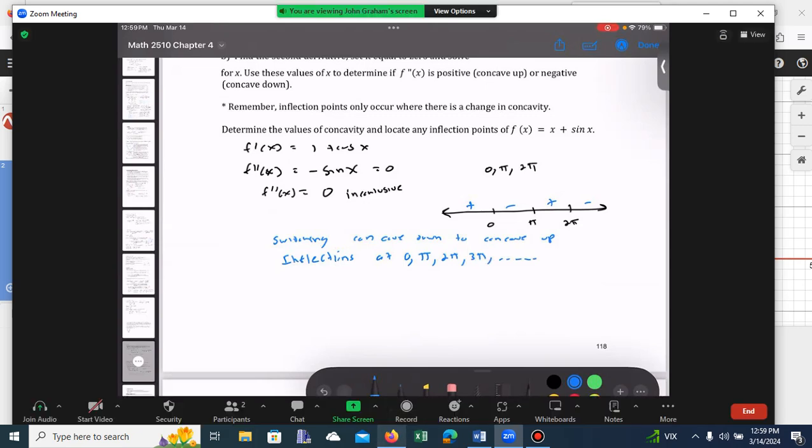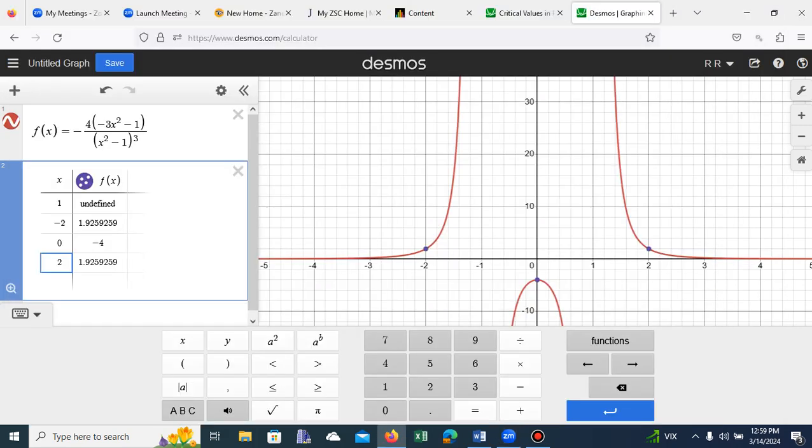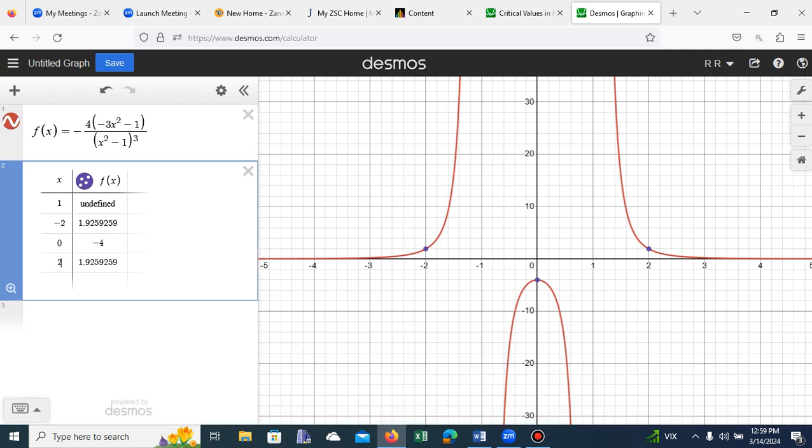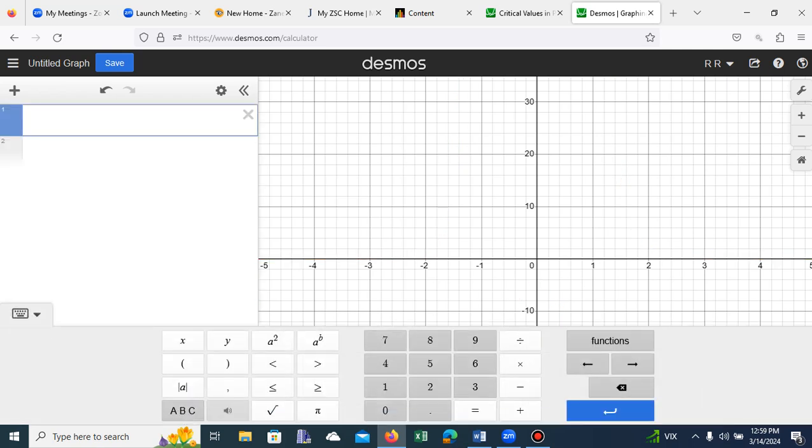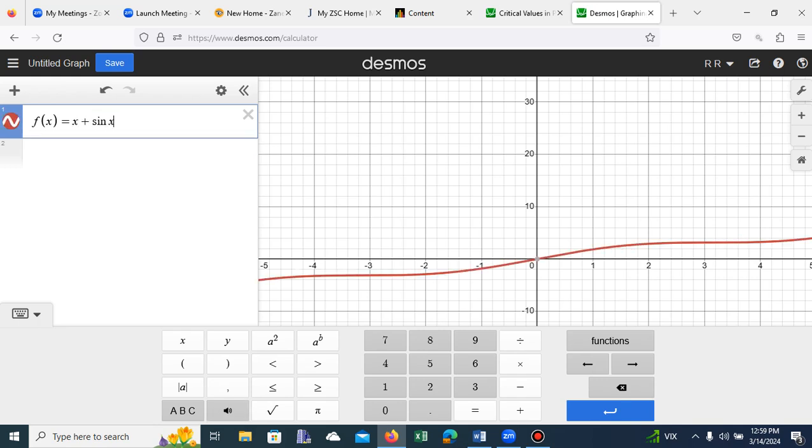So if we look at this graph, f of x equaling x plus sine of x.